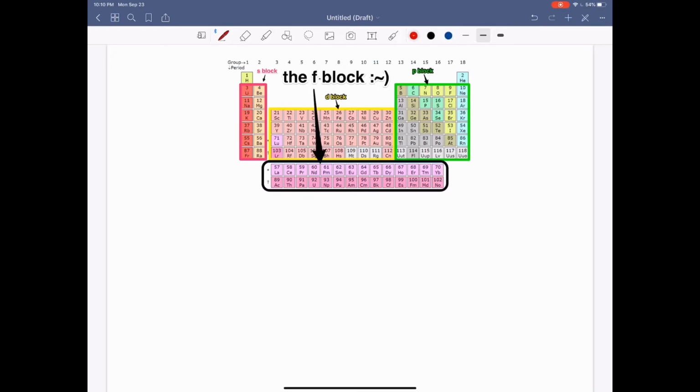Let's do an example. Say we had O2 minus. And just for the purposes of this demonstration, I think I will first give you the electron configuration of just regular oxygen. So for regular oxygen, if I wrote this in shorthand notation, we know that the nearest noble gas to oxygen is helium, so we can write helium.